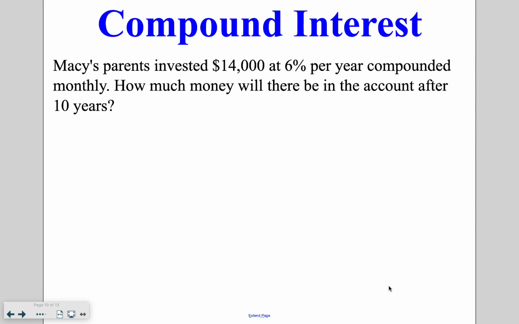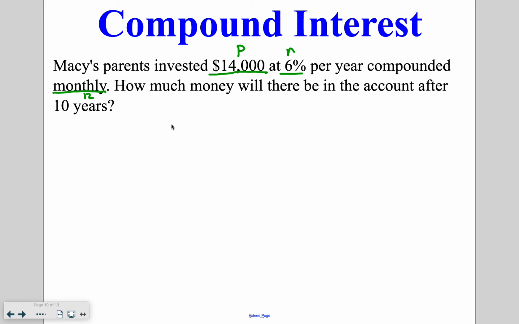So Macy's parents invested $14,000 at 6% per year compounded monthly. So we've got our initial value, that P, we've got our percent, that rate, which we're going to have to turn into a decimal, and then it says it is compounded monthly, which is going to give us an n value of 12.